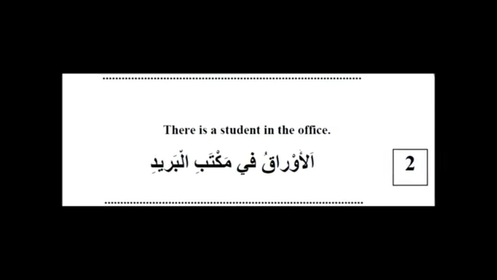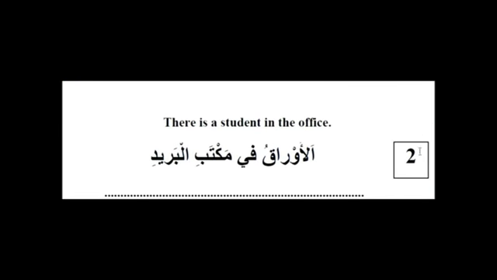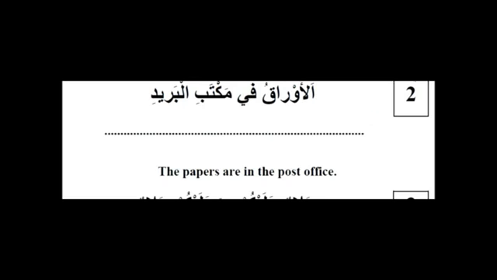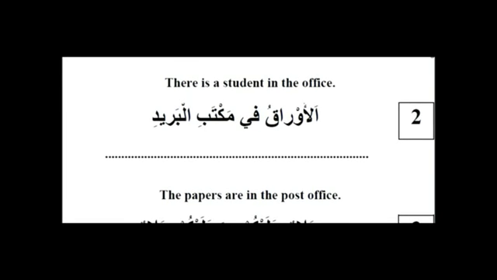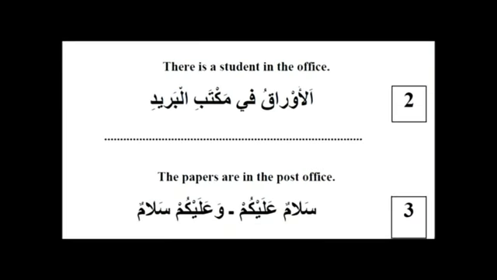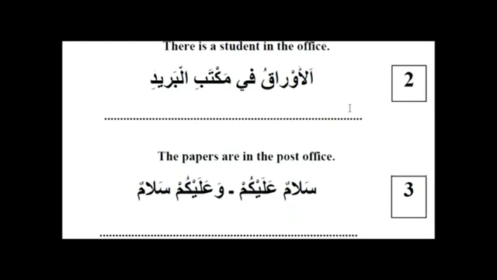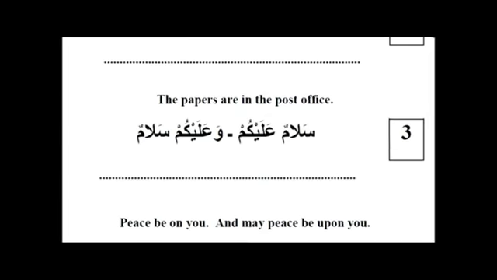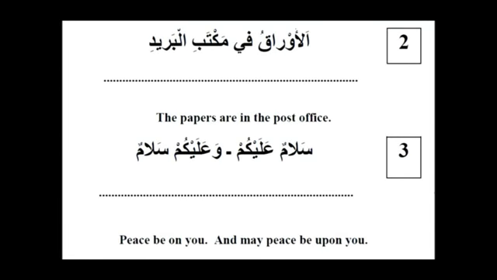Second row, go ahead and do it. I'll put the next two rows actually, so you can go ahead and do that. So go ahead and do the next two.